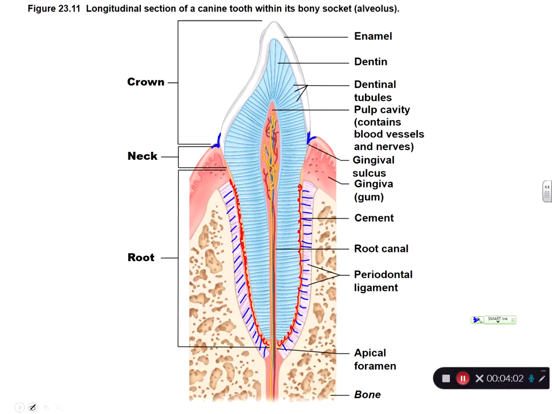That can tell them whether your gums are a little swollen, or sometimes if you brush your teeth really hard, you'll cause your gums to start to recede, and that gingival sulcus will get really, really small. So they can see whether you've got some issues going on by looking at the gingival sulcus.